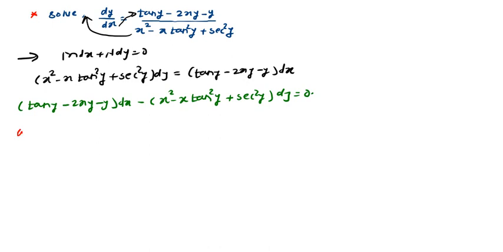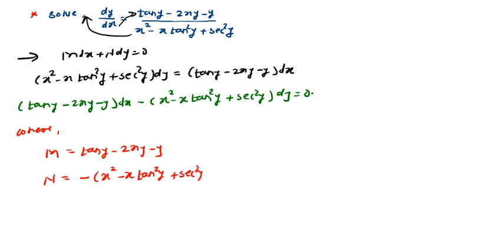Now what is M? M is tan y minus 2xy minus y, and what is N? N will be minus x square minus x tan square y plus sec square y.